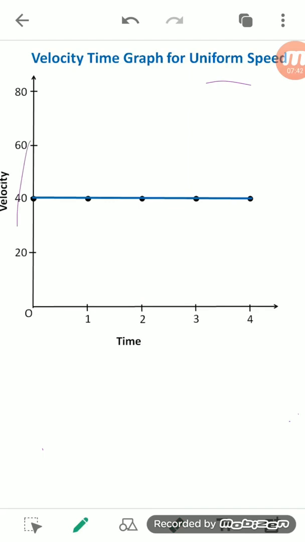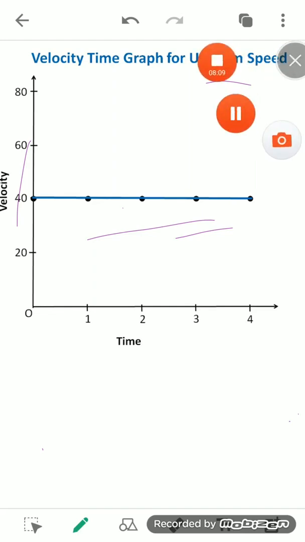It means the velocity does not change with time. And if the velocity does not change, there is no acceleration, because the definition of acceleration is the rate of change of velocity per unit time. So if there is no change in the velocity, there will be no acceleration.